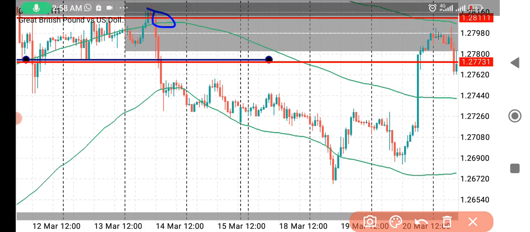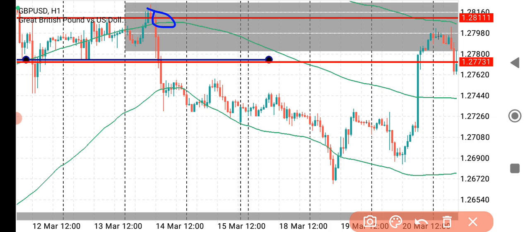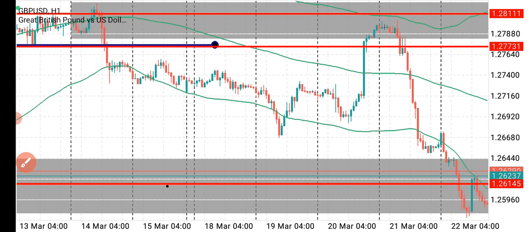Personally, I recommend H1 for making entries based on your candlestick pattern. H1 is enough. And look at what happened. We have our double top, and this double top happens around the zone.